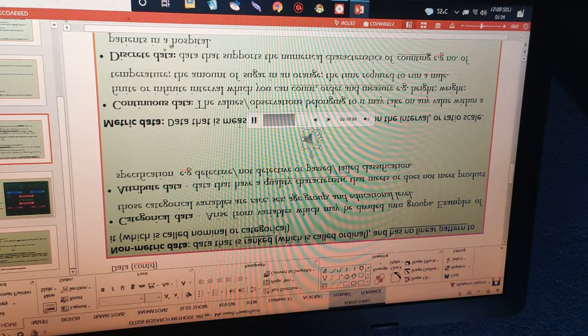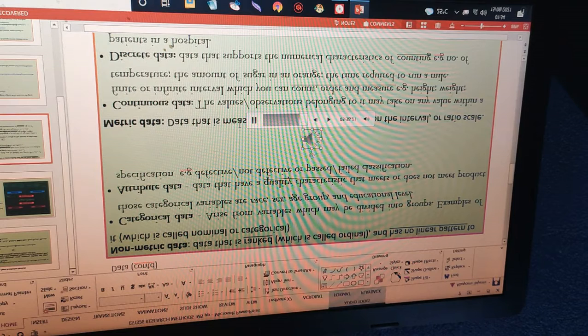So if it's something you can count, there is order there and you can measure, then that's continuous data, and that's metric data. E.g. height, weight, temperature, amount of sugar in an orange, time required to run a mile, and so on. These are continuous data because you can count, you can order them, and you can also measure.